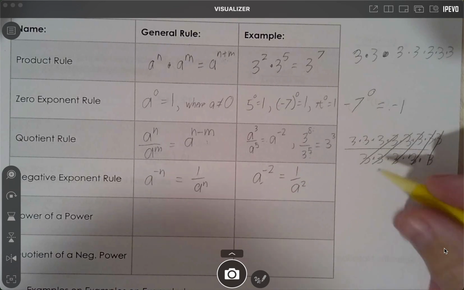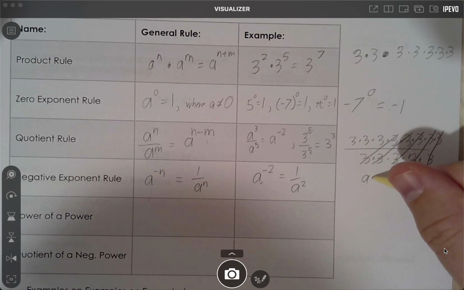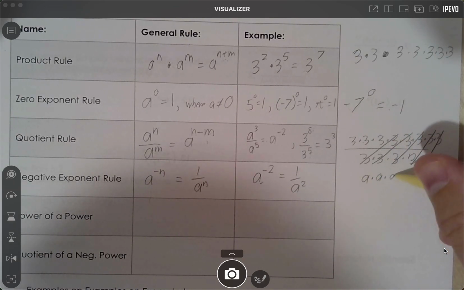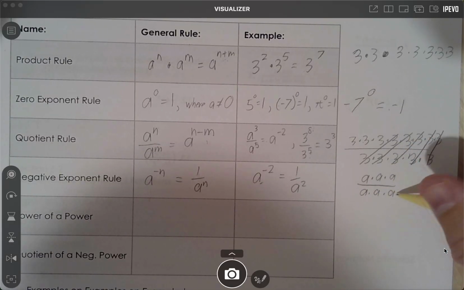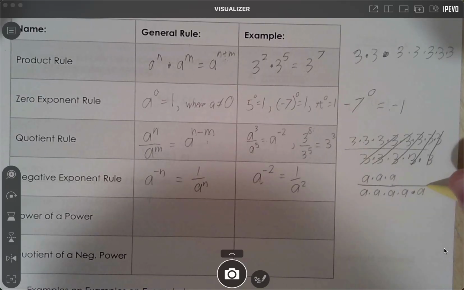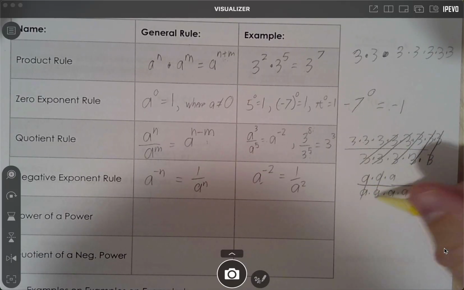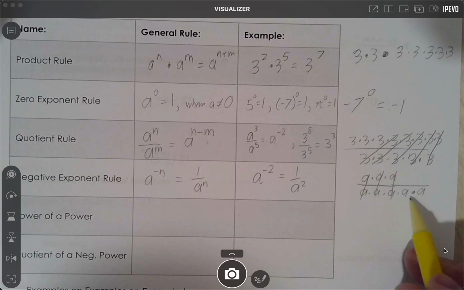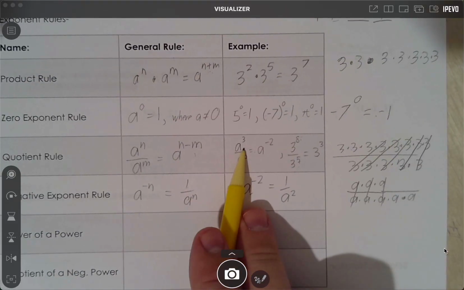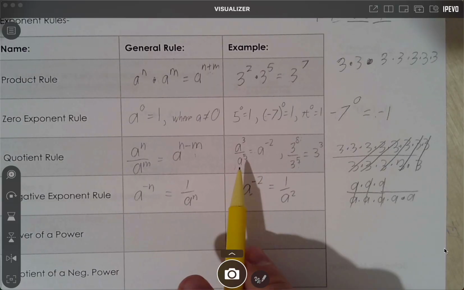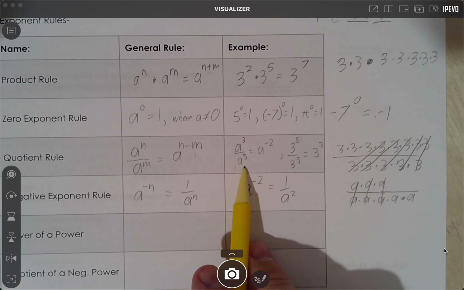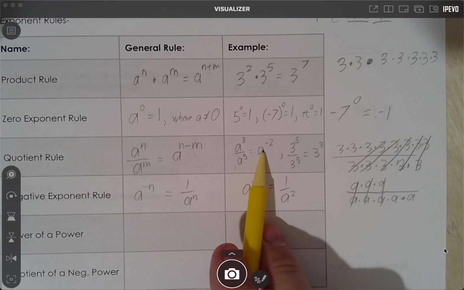Or in other words, let's do this other problem then. If I had a times a times a over a to the 5th, 5 a's multiplying. Again, a could be 7 or 23 or whatever you want. Those cancel out, and look what there is. There's 2 left on the bottom. And so this is, again, just saying, hey, this rule, and this is where the options come in that I said could be confusing, is if I have 3 and 5 on the bottom, I could subtract and just say that's negative 2.